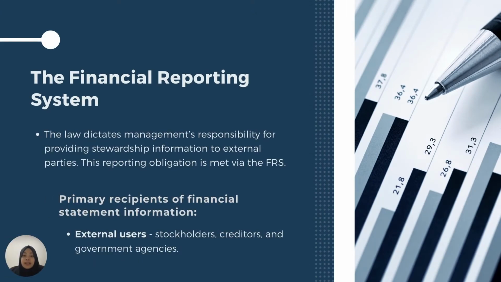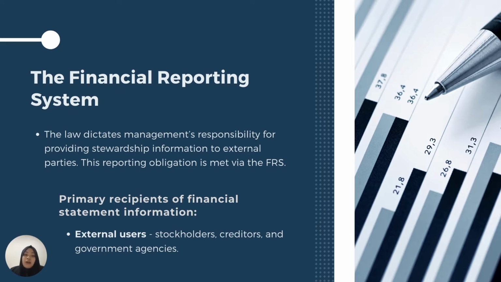So the law dictates management's responsibility for providing stewardship information to external parties. This reporting obligation is met via the FRS. Now, who are the recipients of financial statement information? Generally, these are the external users such as stockholders, creditors, and government agencies.